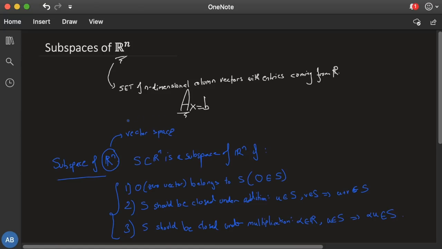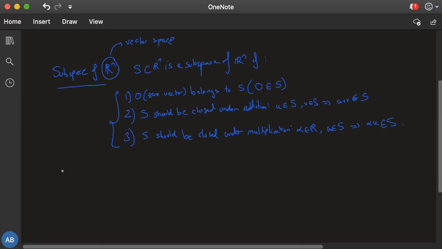Now, the complete definition of a vector space is very general, and we will not work with it here. I'm just going to give you the idea of subspaces. In future lectures, we will introduce topics that have to do with vector spaces, such as the Fourier series. We're going to see an example on that.